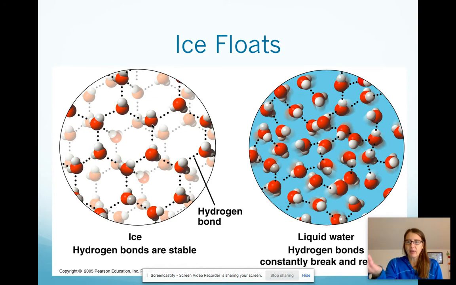That's very handy, because if ice, like other solids, were more dense than its liquid form, it would fall to the bottom and never thaw again. So the fact that water as a solid stays at the surface means it can insulate a body of water. And it's also available to get heat from the sun and other things and eventually melt. Because if it was more dense, it would go to the bottom, never get that heat and never melt. So the fact that solid water is less dense than liquid water is a very rare chemical thing. And again, it has to do with that hydrogen bonding.